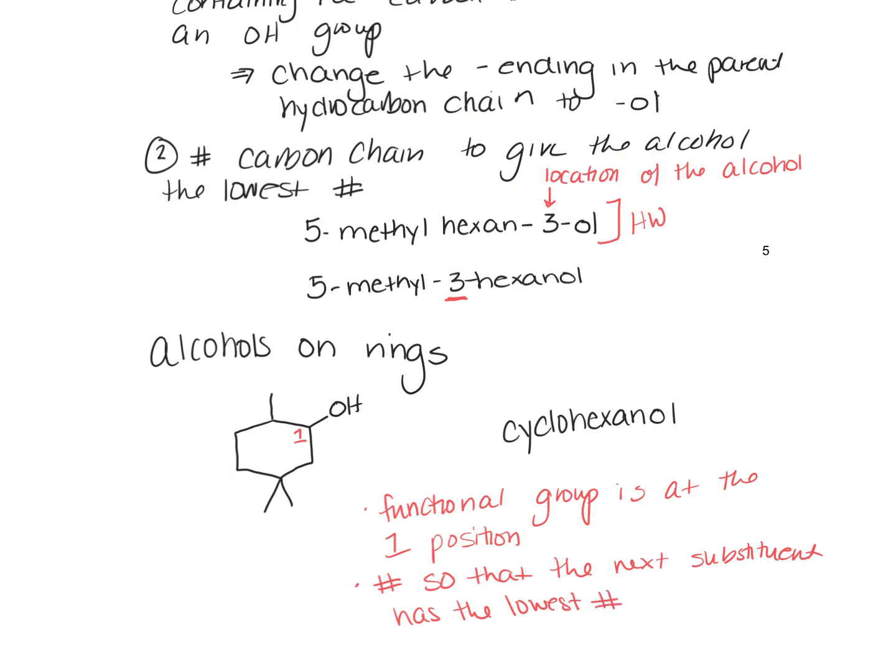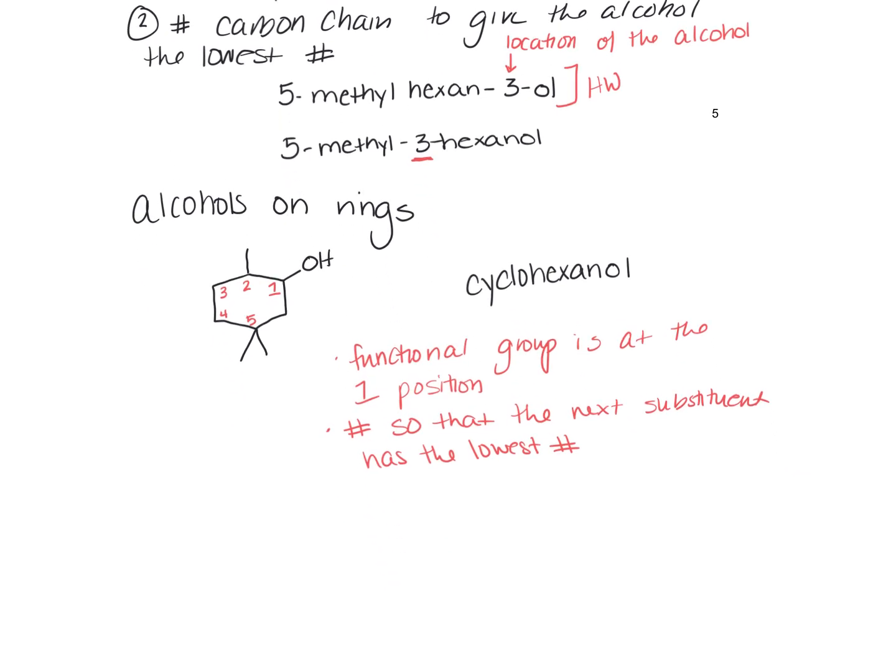So, for example, 1, 2, 3, 4, 5. That's how we would number that. So then we would end up naming this molecule as 2,5,5-trimethylcyclohexanol.